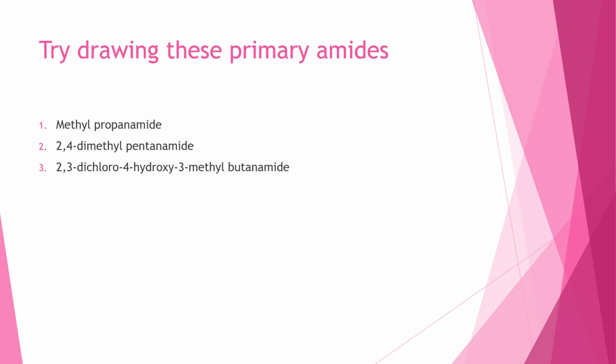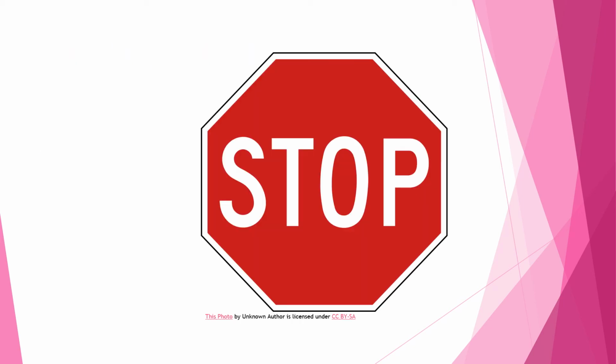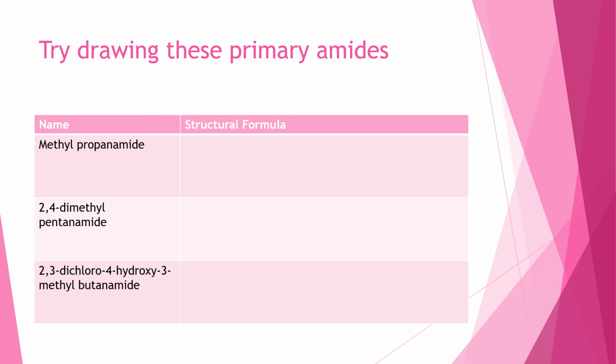Now try drawing these primary amides. You will need to stop the video and have a go. Start with the longest chain, the parent stem. So it's propanamide, so 1, 2, 3. Put your amide group on, and then methyl, and then put the appropriate number of hydrogens on, so that each carbon has 4 bonds.